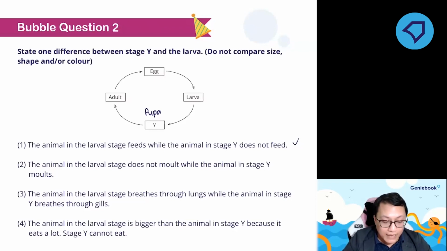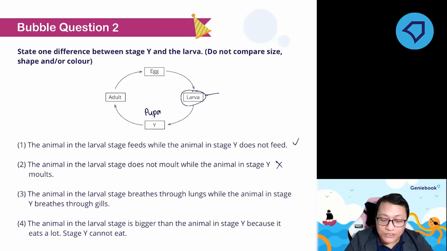Then the animals in larval stage do not molt. No. Okay, so larva stage molts. The animal in larval stage breathes through the lungs, while animals in stage Y breathe through gills. No. Okay, so larva, this one must be the young of, can larva be the young of frog?